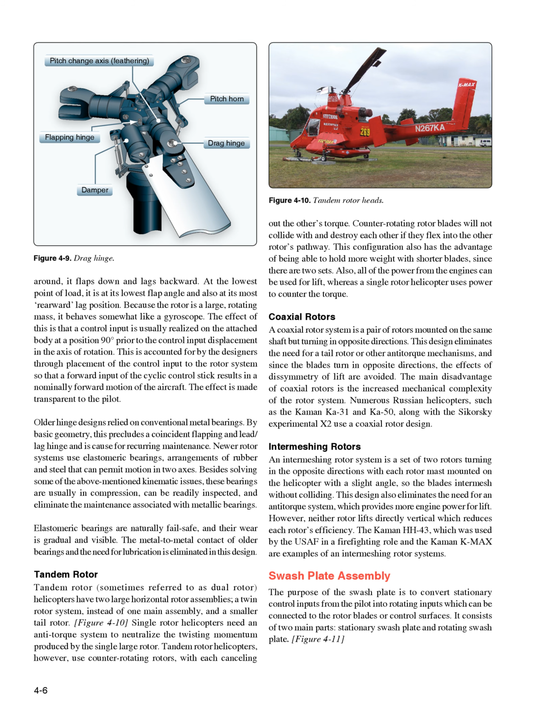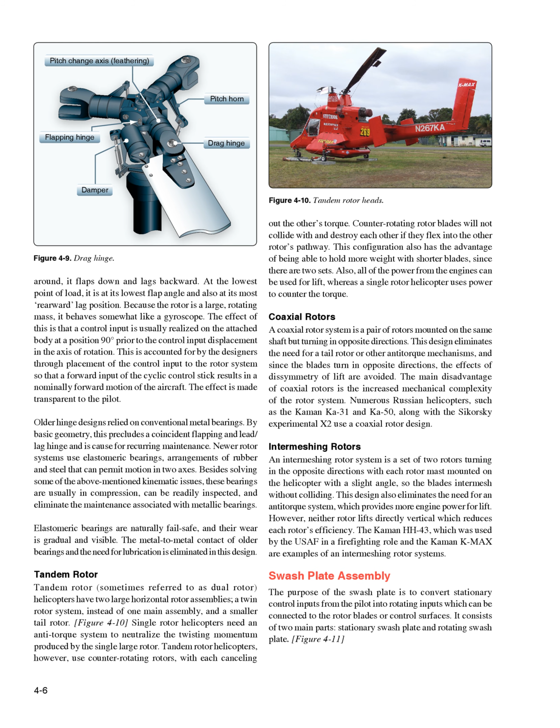Counter-rotating rotor blades will not collide with and destroy each other if they flex into the other rotor's pathway. This configuration also has the advantage of being able to hold more weight with shorter blades, since there are two sets. Also, all of the power from the engines can be used for lift, whereas a single rotor helicopter uses power to counter the torque.